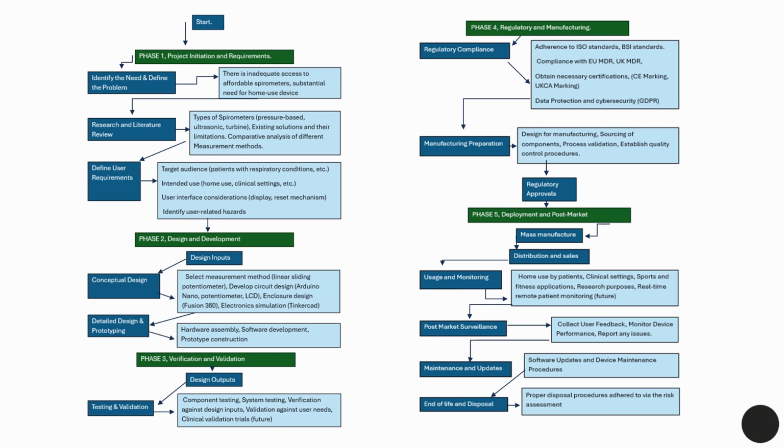However, we have moved on to phase 4 aside from clinical validation trials, and we've looked into regulatory compliance. This is because you need to obtain necessary certifications such as the CE marking and UKCA marking before you can undergo clinical validation trials.